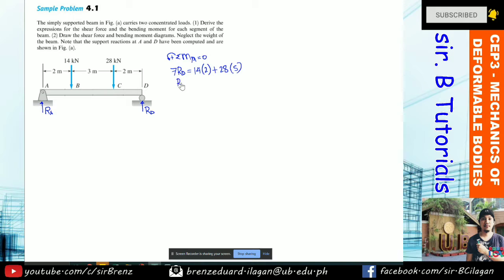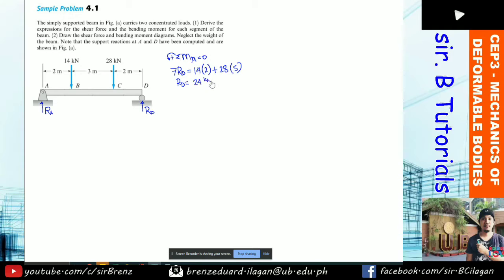So RD equals 14 times 2 plus 28 times 5, divided by 7. So the answer for RD is 24 kilonewton.